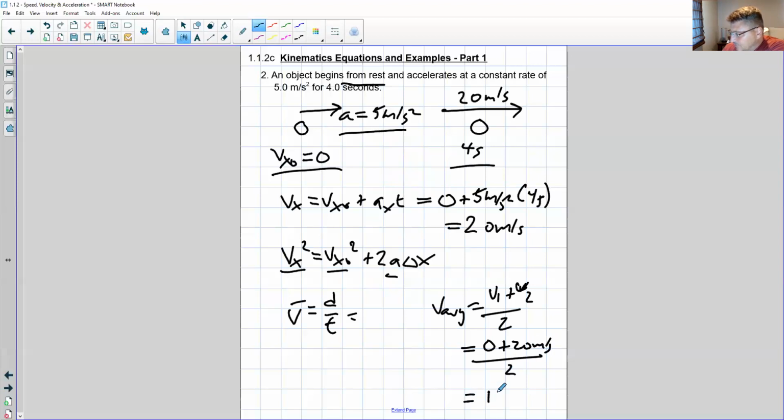So we'd have an average speed of 10 meters per second. If our average speed is 10 meters per second, and we're traveling for 4 seconds, that means we're going to have traveled 40 meters. Right? Our distance of travel is 40 meters.